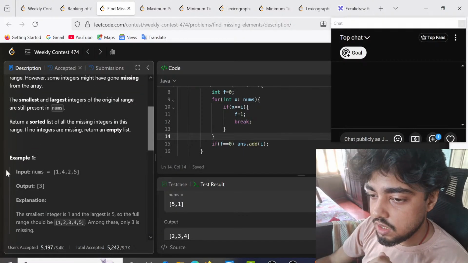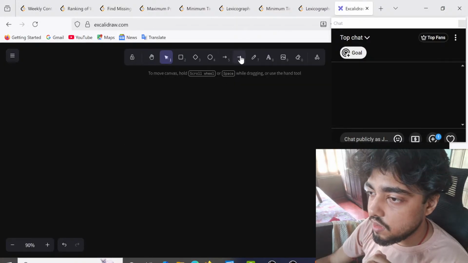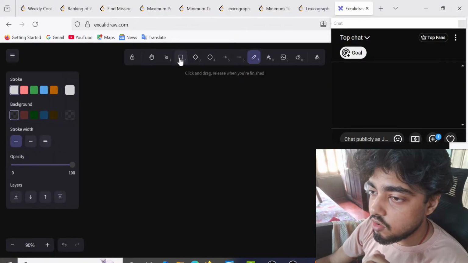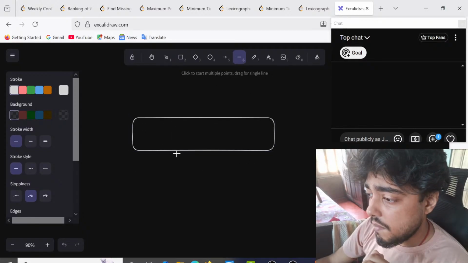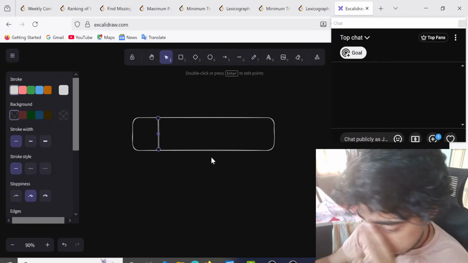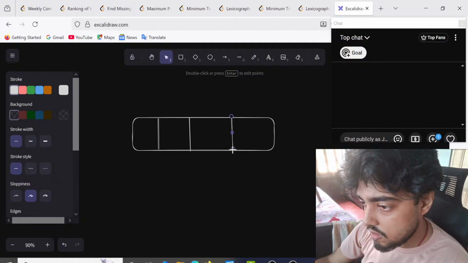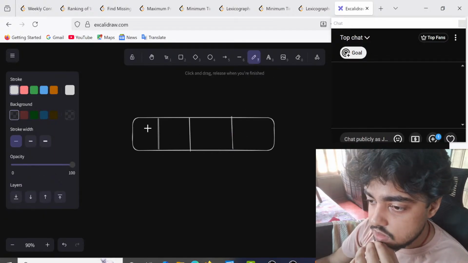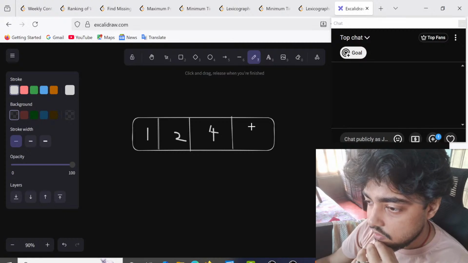So let's go through it. 1425, if you sort it out, on sorting 1425, it becomes 1, 2, 4, 5.